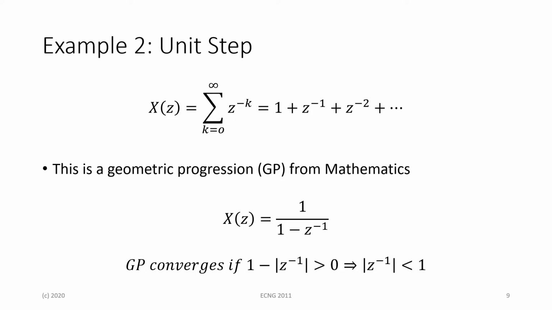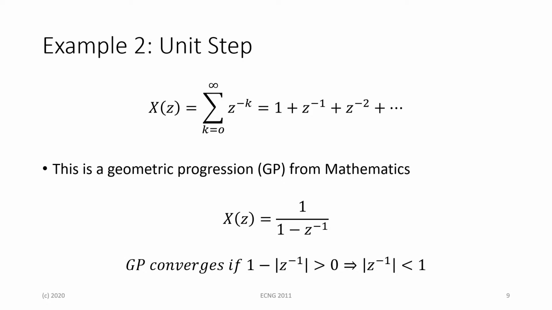Alright, good. So when you're dealing with the region of convergence here, we let the denominator be more than 0. We say 1 minus the modulus of z to the negative 1 is going to be more than 0. The reason we put the modulus is because the z component here is also a complex quantity, and we only care about the magnitude of that z component.